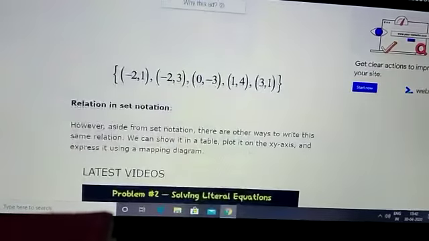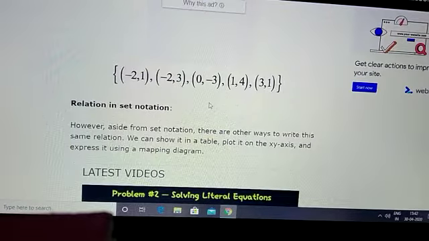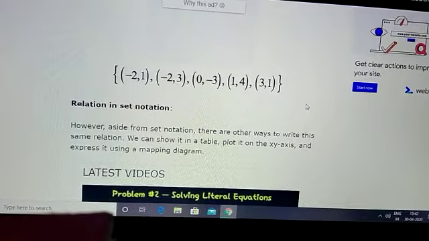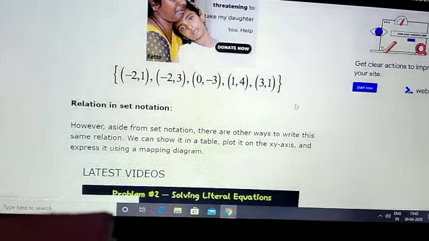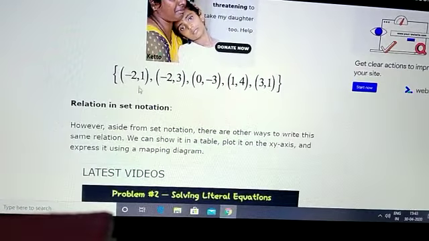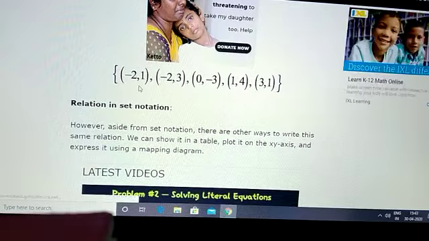So we have given one in proper form: {(-2, 1), (-2, 3), (0, -3), (1, 4), (3, 1)}. These curly brackets mean the relations are a set. So these are the relations.